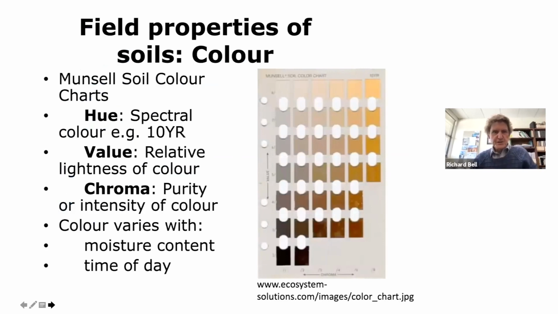So just going through some of those properties, the standard way in which we measure colour is through a Munsell soil colour chart. And I'm sure you've all been to Bunnings and got those little colour charts.